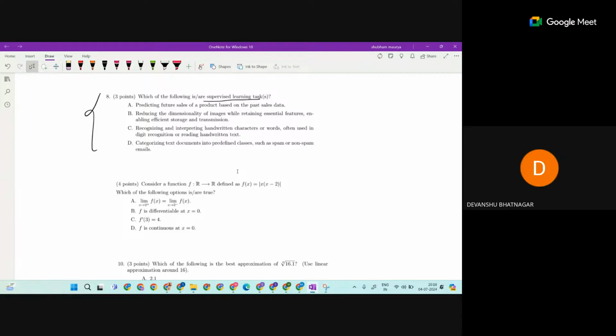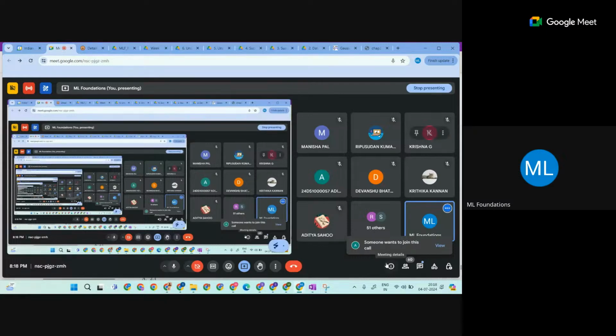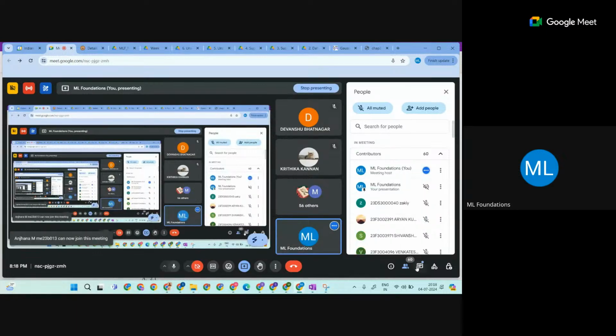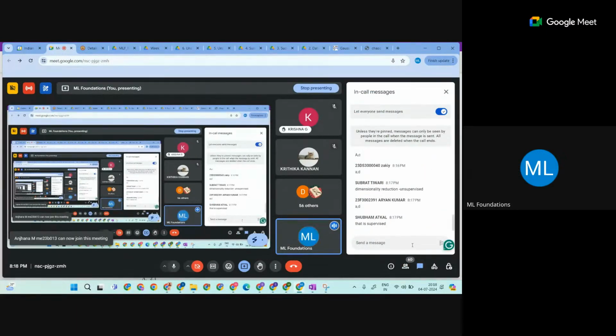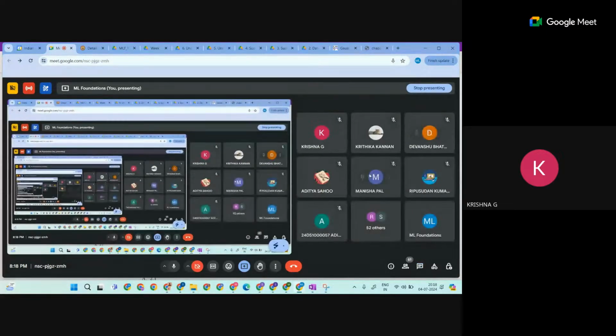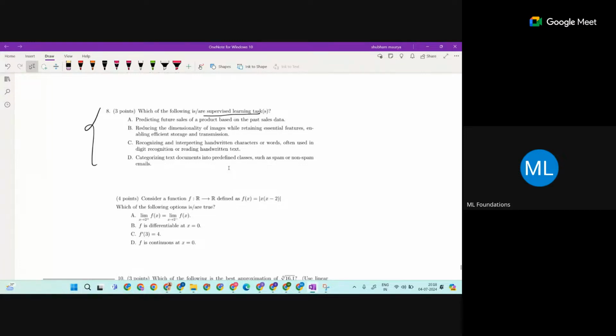Yes, it comes under classification. Krishna: Sir, C is a little bit unclear. C is not clear? It is just recognizing, so it would be a kind of classification, right?